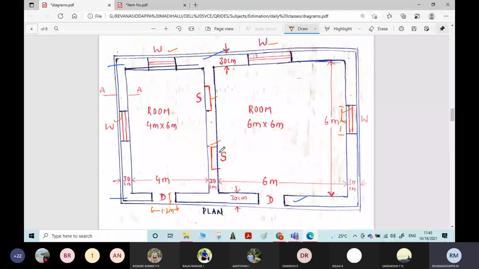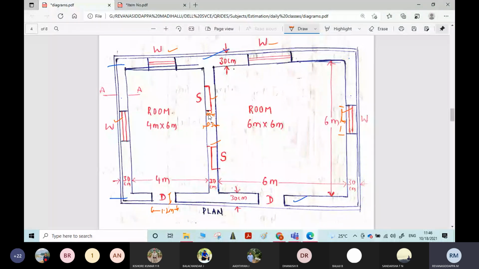The total thickness of the wall is 0.3 meter. Leaving 0.1 meter or 10 centimeter as offset, we will assume the thickness of the shelf as 0.2 meter.